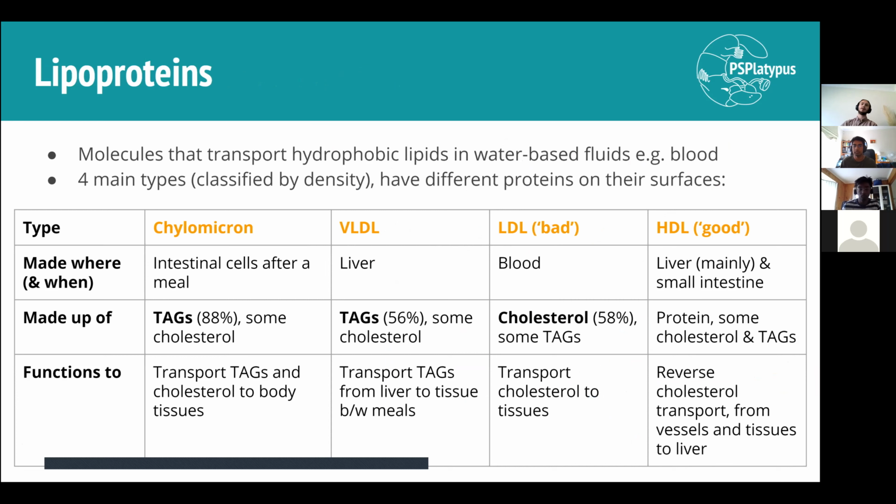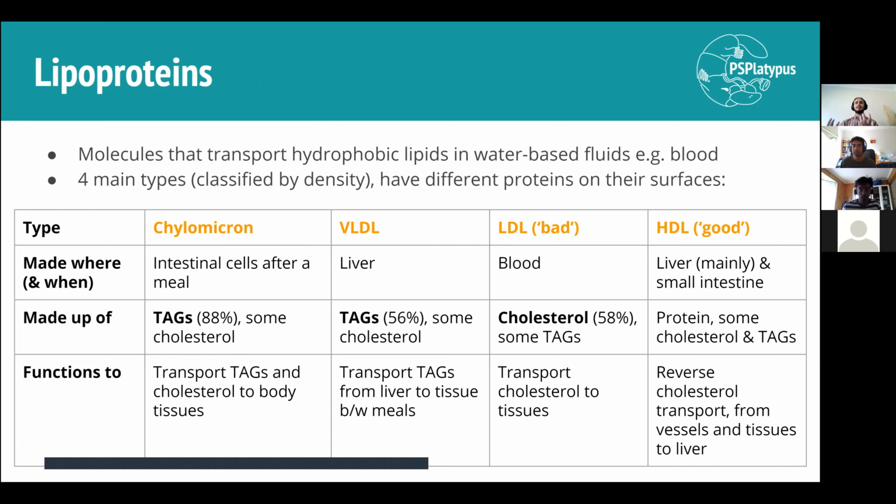Okay, now on to lipoproteins. They're the key proteins that are involved in lipid metabolism. They transport hydrophobic lipids in water-based fluids. As you have hopefully previously learned, like dissolves like. Things that are hydrophobic will dissolve nicely in things that are hydrophobic, so oils will dissolve in other oils, for instance.